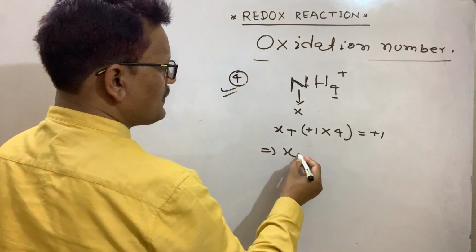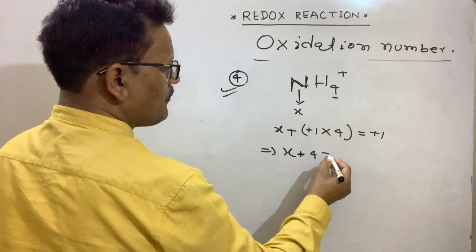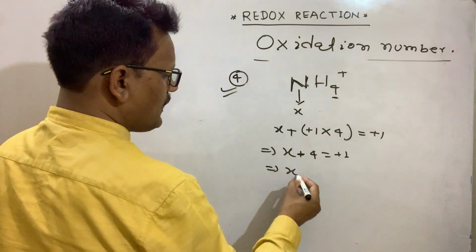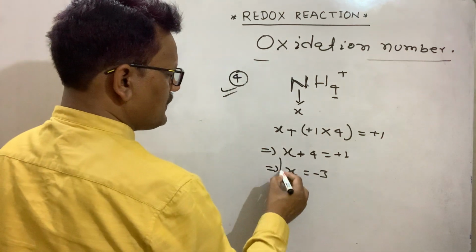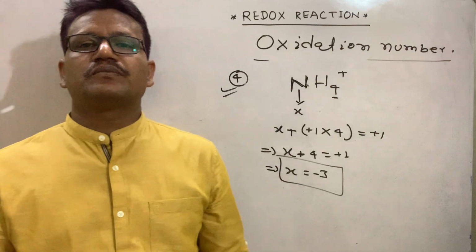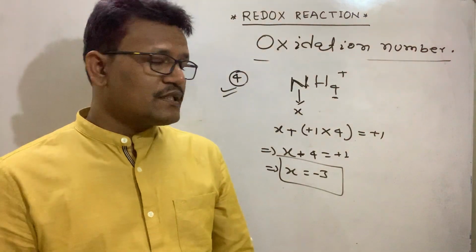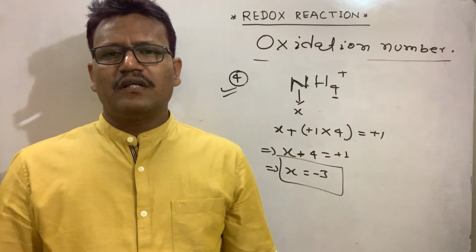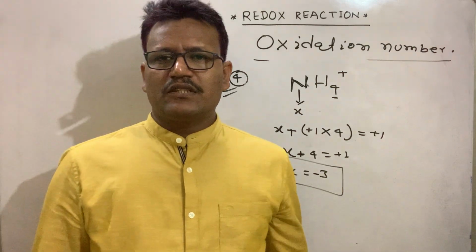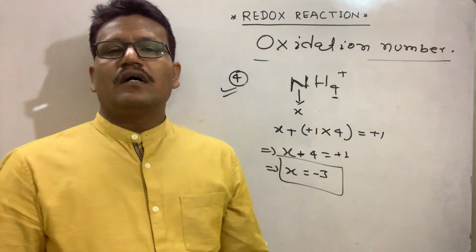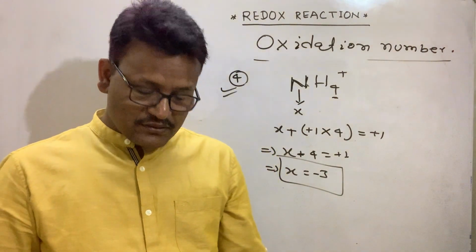After solving, what do we get? We get x equals -3. So in case of ammonium ion, the oxidation number of nitrogen will be -3.